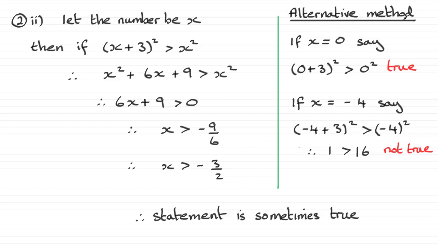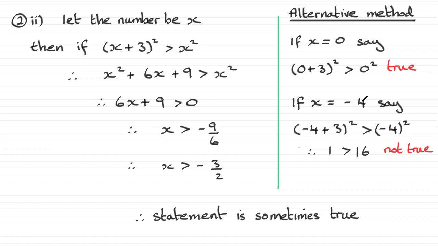This alternative method, what I've done is I've taken a value of x, let's say 0, you can try other values, and if you set up this inequality, our number is 0, add 3 to it, square it, is it greater than the original number squared? Well yes, 3 squared is 9, it's greater than 0, so that's true.